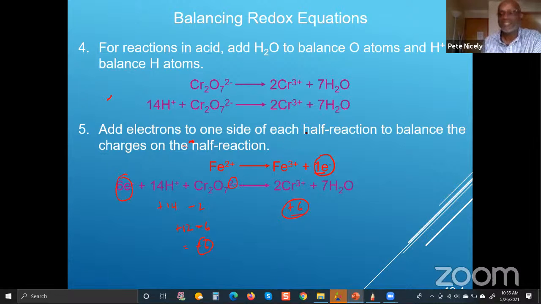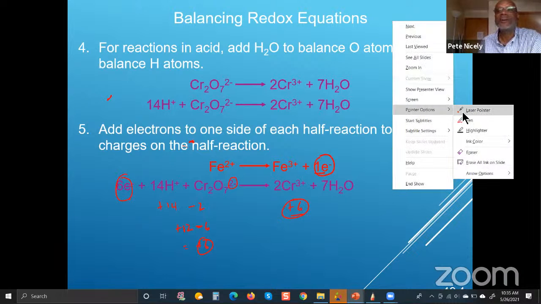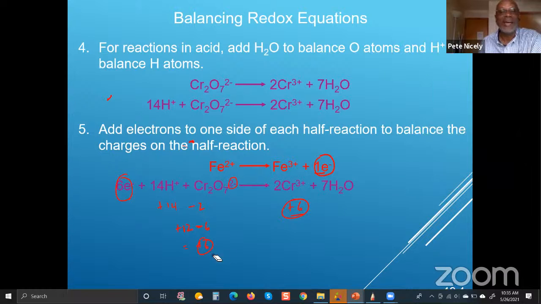So that's basically what you do in order to balance the charges in either case. You add electrons to one side such that the net charge total will be the same. Basically, you add electrons to the side with the higher net charge.